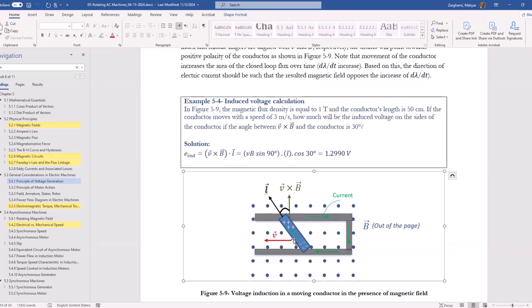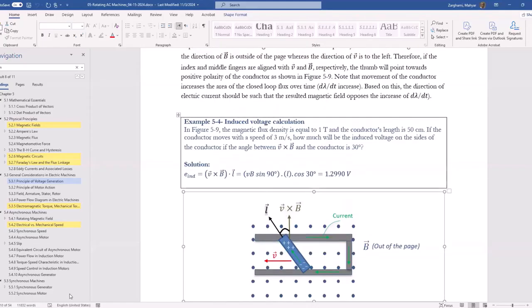If the index finger of your right hand points to the direction of the first vector, and the middle finger points to the direction of the second vector, then the direction of your thumb would be the direction of the cross product. Does that make sense? So use your right hand, point your index finger on the first vector, middle finger on the second. Your thumb should be in the same direction as the cross product. Okay, so keep this in mind.